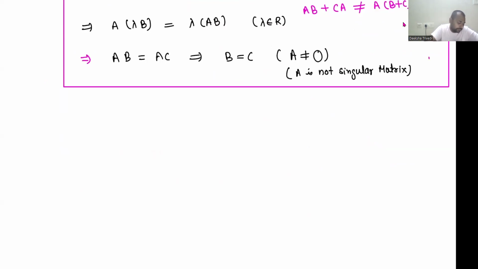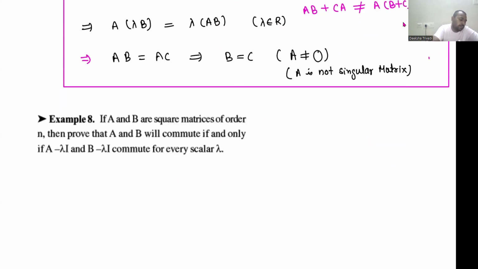Next thing, this. That result is also important, that we will use in so many places, in so many ways. If A and B are square matrices of order n, then prove that A and B will commute if and only if A minus lambda I and B minus lambda I commute.